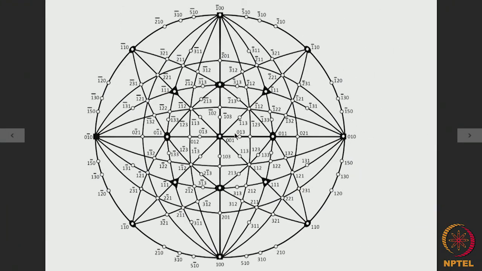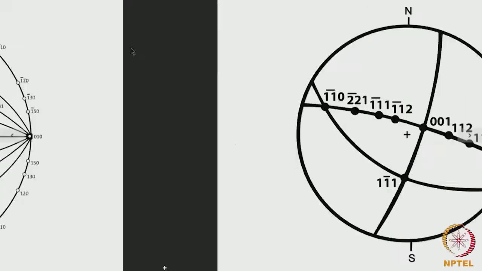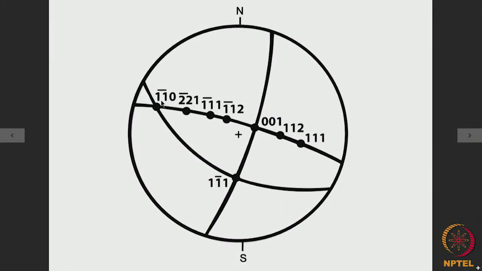Now, you see, when you look at a 0 0 1 standard stereographic projection, you can easily locate that this is the 0 0 1 position, this is the 1 bar 1 position, and you can have all those poles up to bar 1 0. So, knowing this, we can give tentatively the locations of all those poles and mark them.